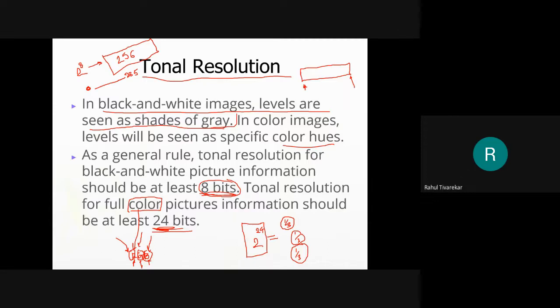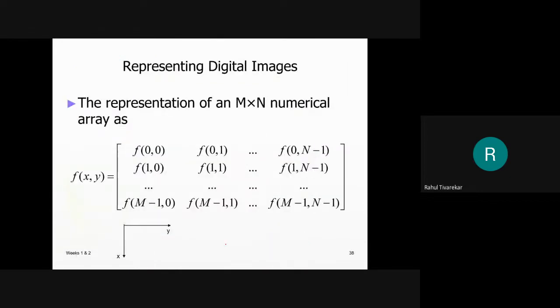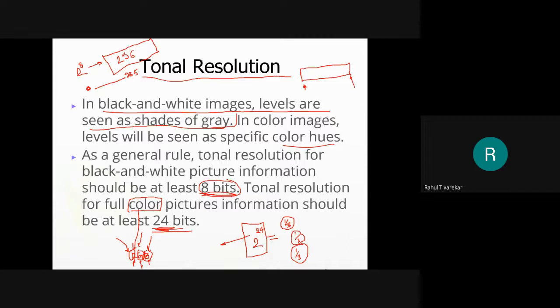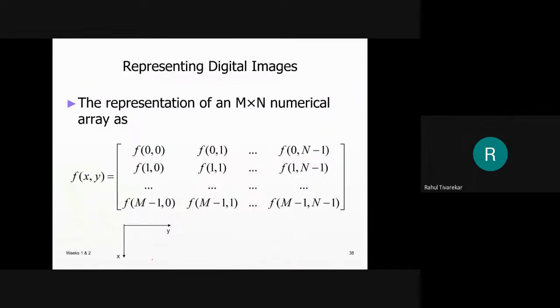Those are derived from this calculation. Actually, this 2 raised to 24 does not mean only one red or one green or one blue intensity. It is combined RGB. When you combine red of some intensity, green of some intensity, and blue of some intensity, you get the resultant color of some specific intensity. We will discuss this later again.